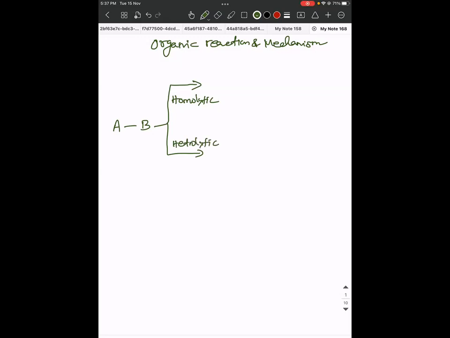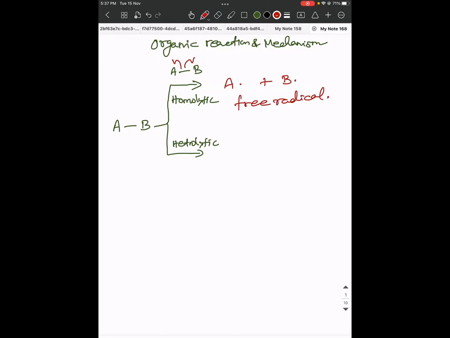Homolytic means each atom takes one electron, so we put a single-headed arrow, and we get A dot plus B dot. This is called free radical. It happens when A and B have the same electronegativity.